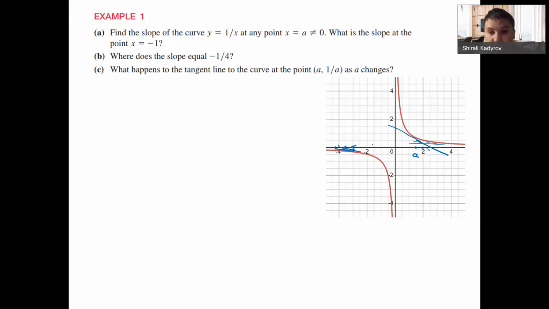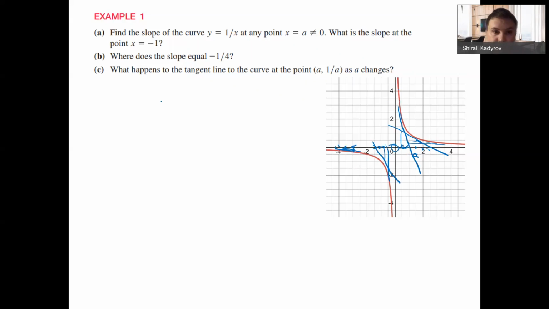Okay, how about the other extreme? What happens if I approach 0? Let's say that I'm right here, then you see my tangent line is becoming steeper and even steeper. And also from the negative side, if you look at the tangent line, it's becoming even steeper and steeper. So at 0 or near 0, it becomes infinite, right?